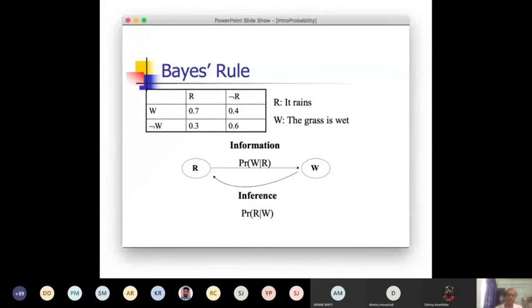Sometimes it is easier to get the other information. For example, given a class, you can observe the probability distribution of different instances within that class. Now, if I ask the question, given an instance, what is the probability that it belongs to the class, then it becomes an inference, and that is classification. We'll come to those kinds of inference subsequently.